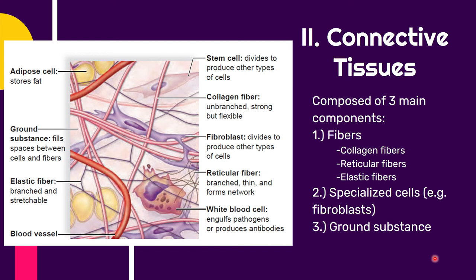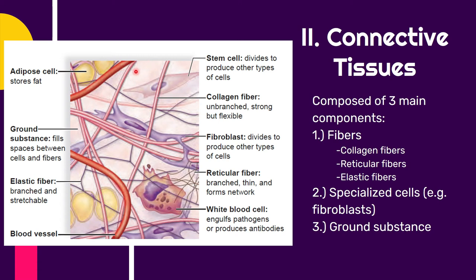Then connective tissues are also made up of specialized cells. For example, we have fibroblast. So this is the fibroblast. Fibroblasts are responsible for producing these fibers. Okay? Aside from this, there are other functions of fibroblast. And then, as you can see, this connective tissue has spaces, di ba?